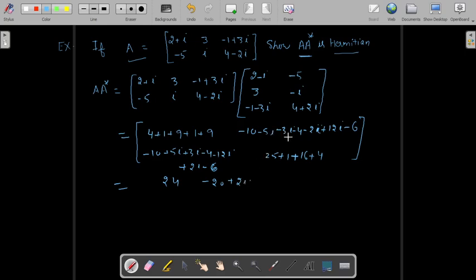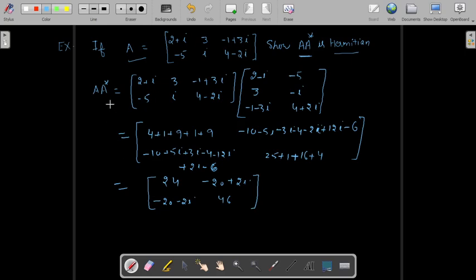Minus 5 iota minus 3 iota, so minus 8 iota, 8 and 2, 10, so minus 10 iota plus 12 iota, so plus 2 iota. Similarly here it is minus 20 minus 2 times iota, and here it is 46: 25 plus 1, 26, 26 plus 20 is 46.